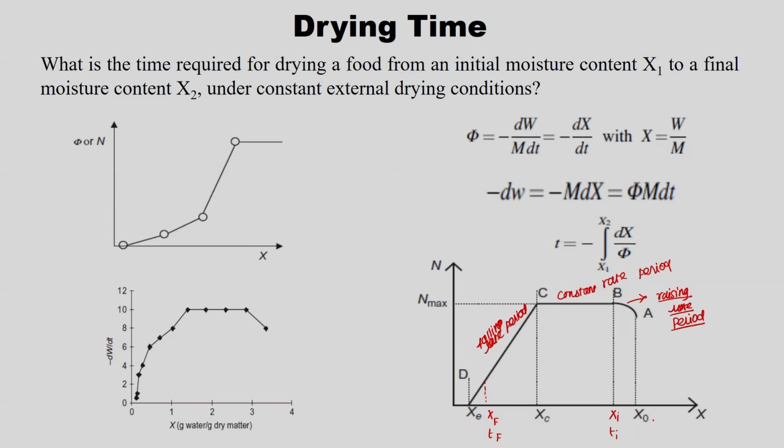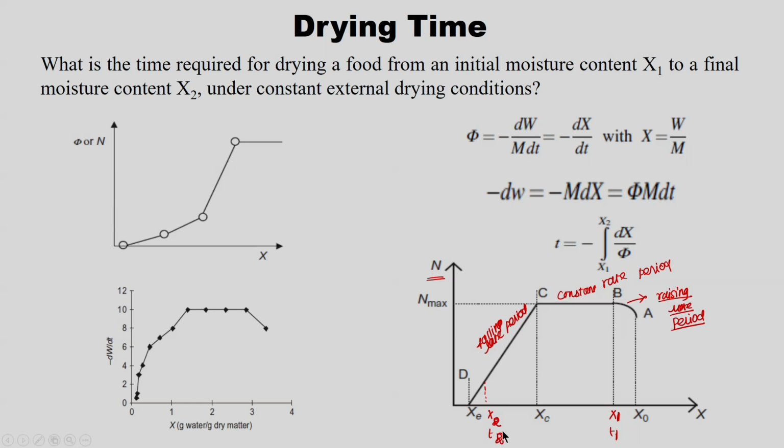Here X is the moisture content, which is grams of water per gram of dry matter, and N is the drying rate. So, this is moisture content versus drying rate, and what is the time required for drying a food from an initial moisture content X1 to a final moisture content X2? Here we can also say X2 instead of Xf and X1 instead of Xi, so T1 and T2.